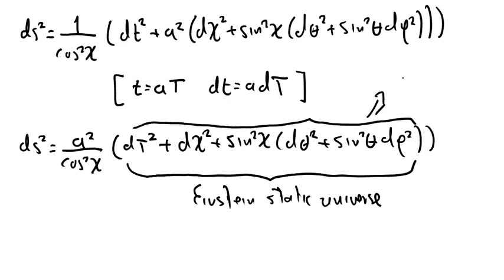Okay, so now, where this G mu nu tilde is the metric of the Einstein static universe as usual.